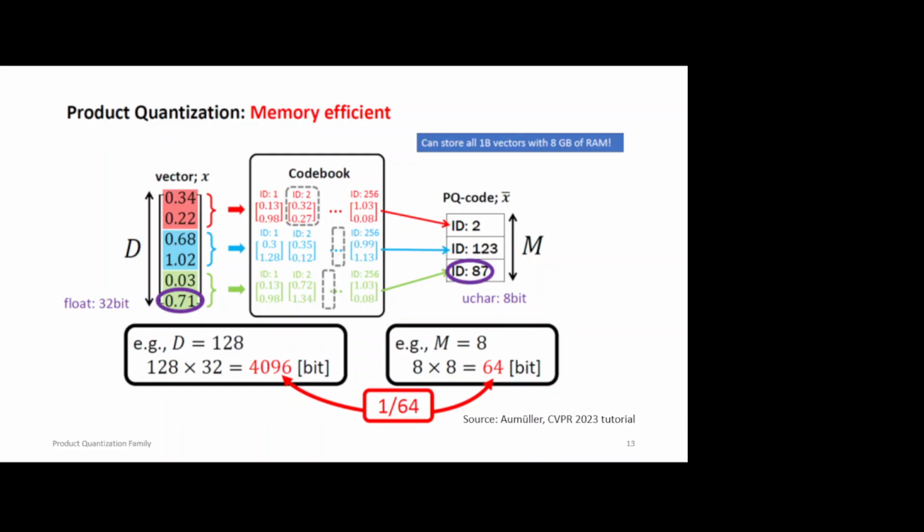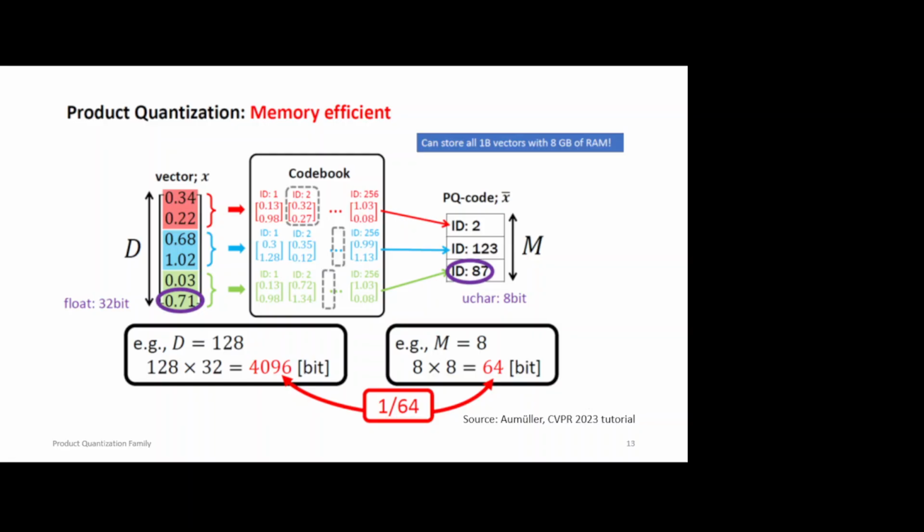So we have 8 segments, and in total we just use 64 bits to represent the quantized vector. Compared with the original, you can reduce the memory 64 times.